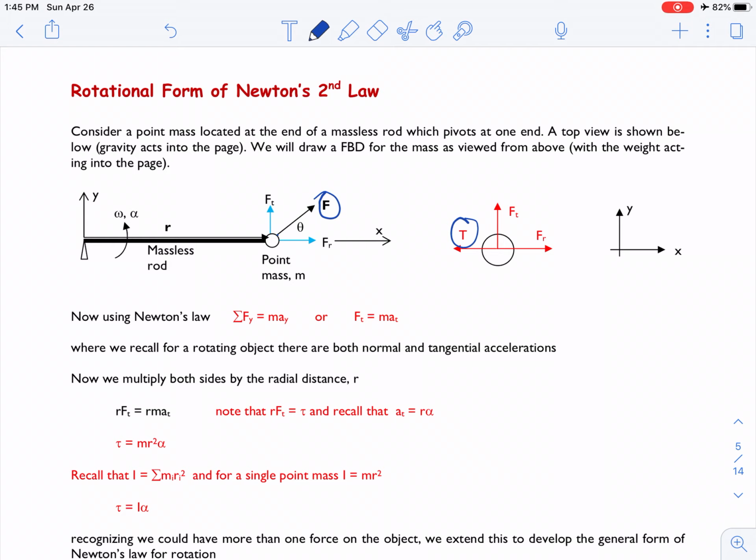Another way of thinking about why the direction points to the left, towards the center, is because we will have radial acceleration. If you look at the forces before tension, we have only a radial force pointing away from the pivot point, but we need something pointing towards it, and that has to be even greater, because we need a net force towards the center of the rotation to have this radial acceleration.